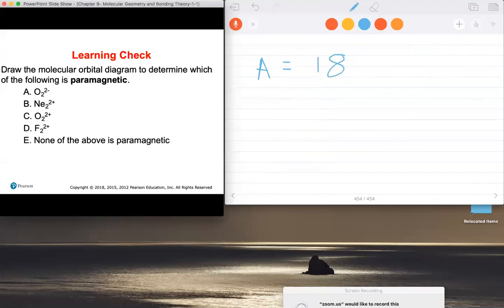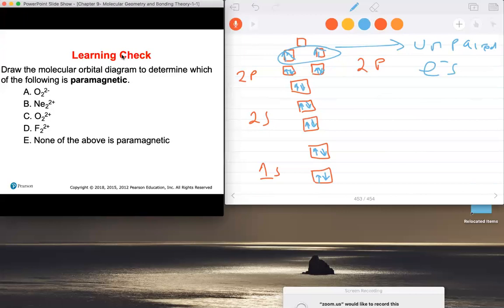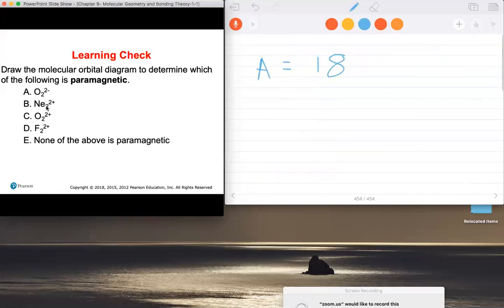If I have 18 electrons, I'm just going to pair them up here and make this one diamagnetic. For this, neon is number 10, it has 10 electrons, so 2 neons have a total of 20.